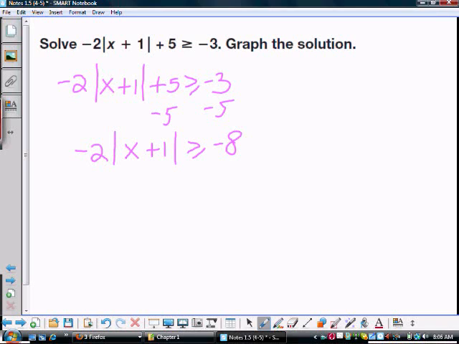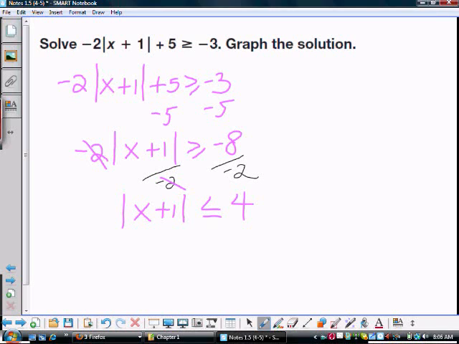Divide. So I'm going to divide both sides by negative 2 and the negative 2's cancel and we get the absolute value of x plus 1 less than or equal to positive 4.